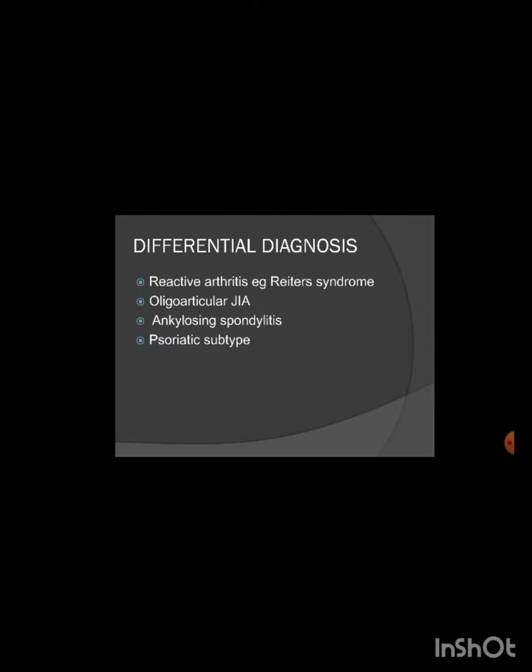Another differential diagnosis is oligoarticular juvenile rheumatoid arthritis, because, as the name indicates, it comes at a juvenile age like 14, 15 or 20.